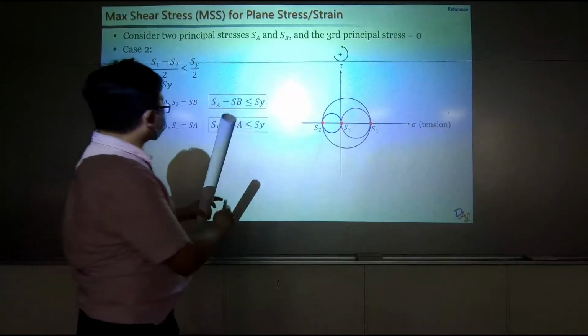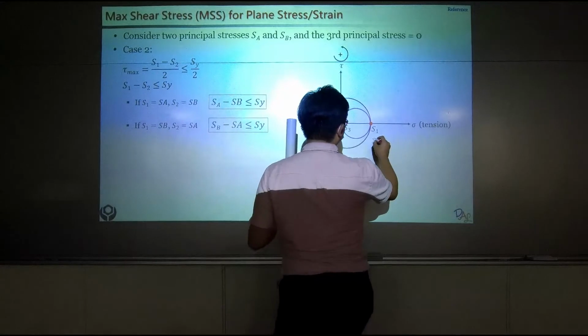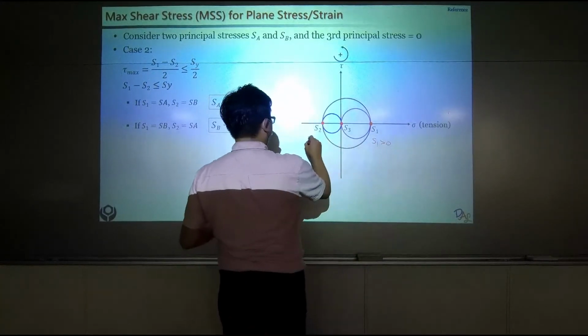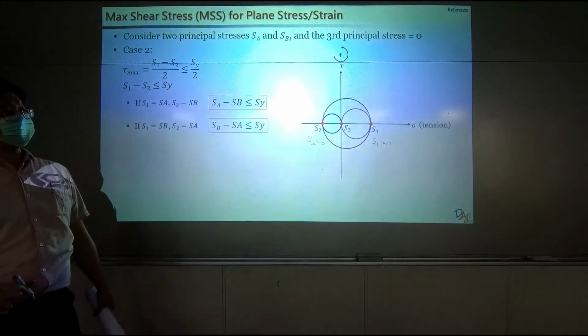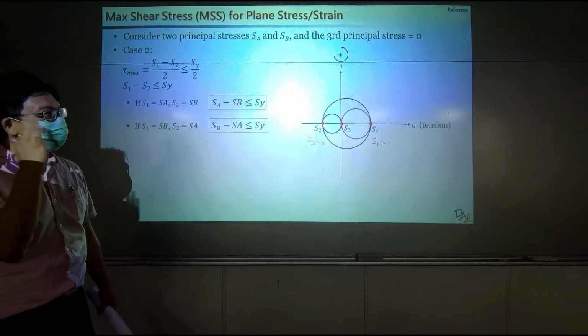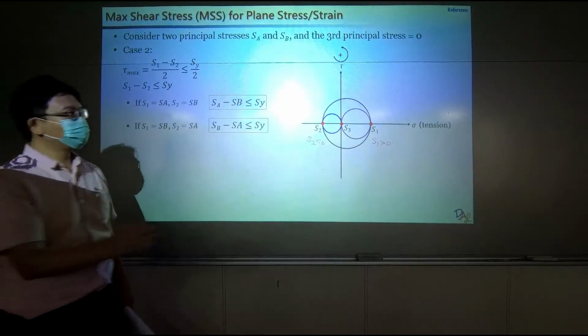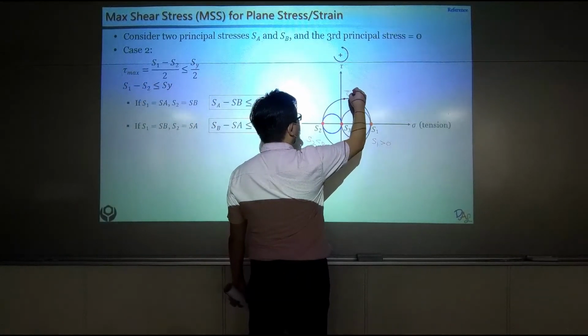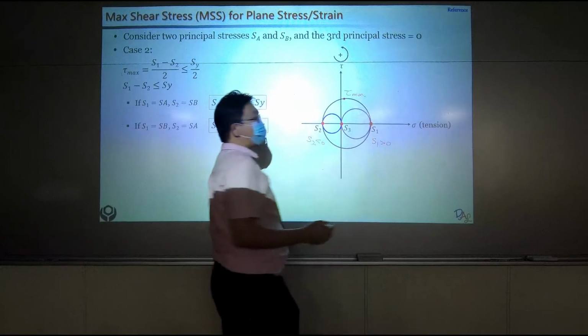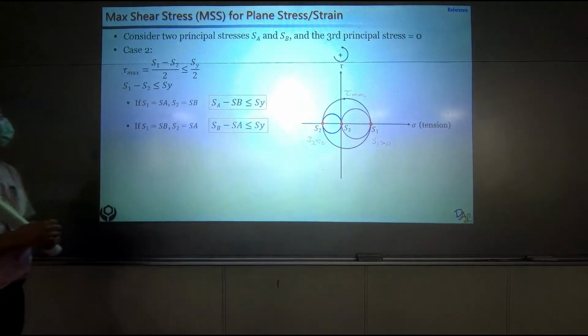This is a different case where S1 is positive, S2 is negative. Okay? In this case, the largest Mohr circle is on the 1-2 plane. So this is where you have your largest shear stress.